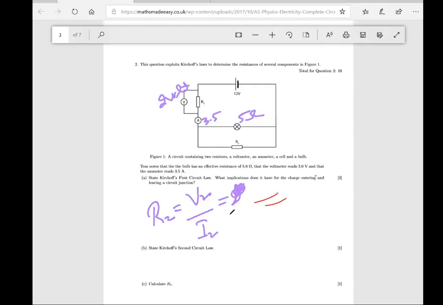Wait. This will be 17.5. 5 times 3.5. Oh, no.